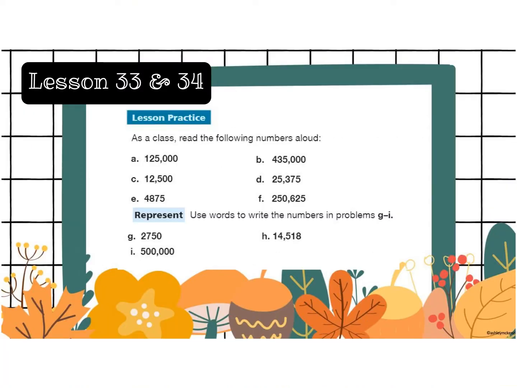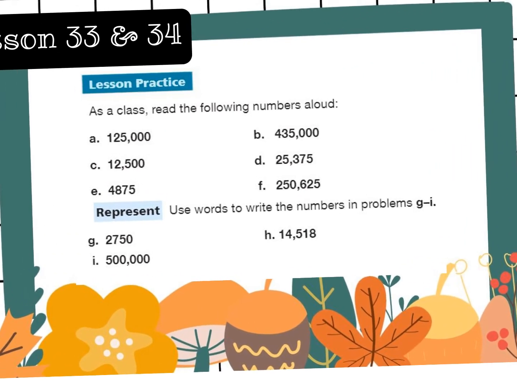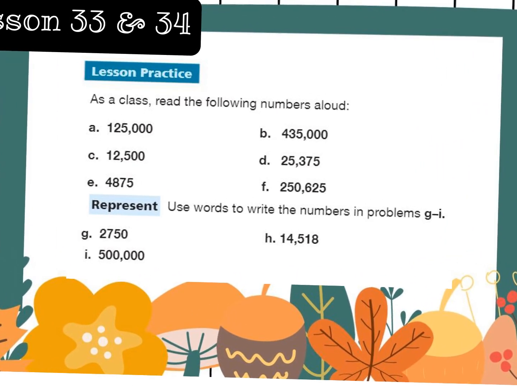Okay, here are a couple of practice problems, and then we'll jump on to the next section. As a class, read the following numbers aloud. How would I read A? Everybody together. 125,000. Good. B? 12,000. Okay, so you guys, most of you read C. Go over to B. 435,000.